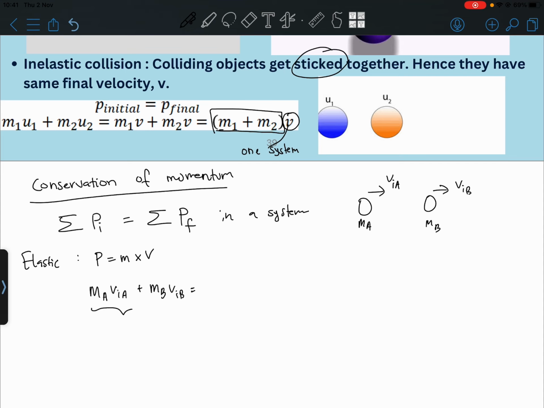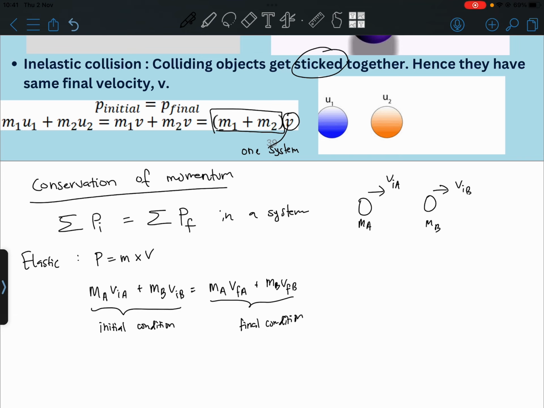So this is the initial condition. For the final condition, the masses are the same: mass A times the final velocity VFA plus MB times VFB. So this is the final condition.